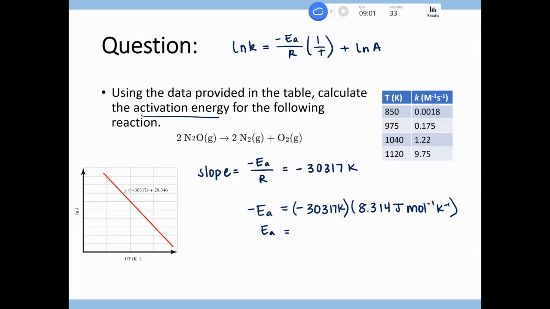Multiplying these two values together, we have 252,000 joules per mole for our activation energy, or 252 kilojoules per mole.